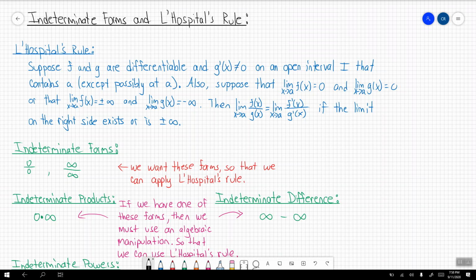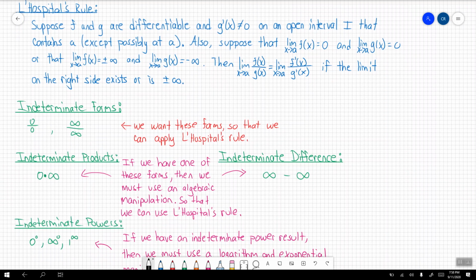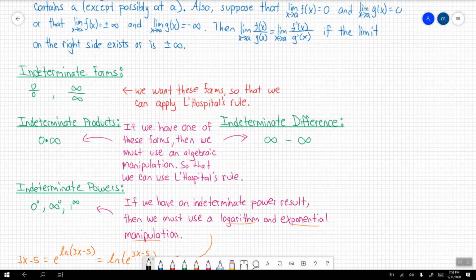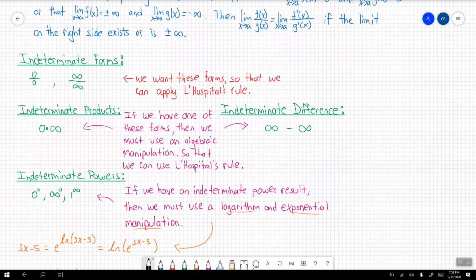Now, the most important aspect of this is of course going to be applying L'Hopital's rule. However, we have to figure out when it is appropriate to use it. According to the theorem, we need 0 divided by 0 or some form of infinity divided by infinity.